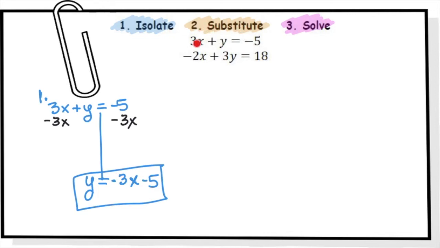Since I used the first equation to isolate, now I'm going to look at the second equation, step number 2. This is negative 2x plus 3y equals 18. Now that I know what the y value is, I can substitute this value, negative 3x minus 5.